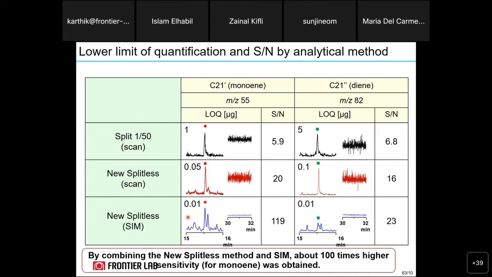This is for C21 mononin. For C21 diene, the split ratio will be 5, with the scan mode it will be 0.1, and for SIM mode it can be 0.01 microgram, which is basically 10 nanogram. So what we can see here is that the new splitless method and SIM offer you 100 times higher sensitivity.